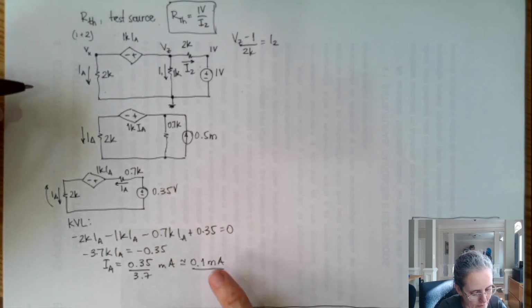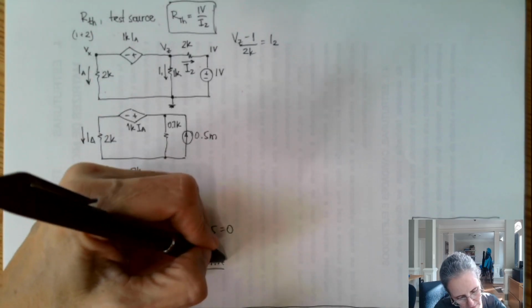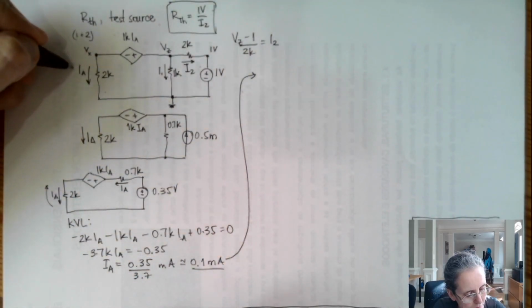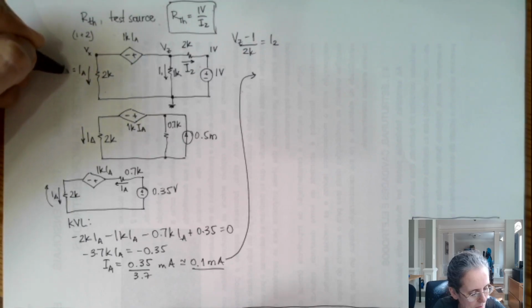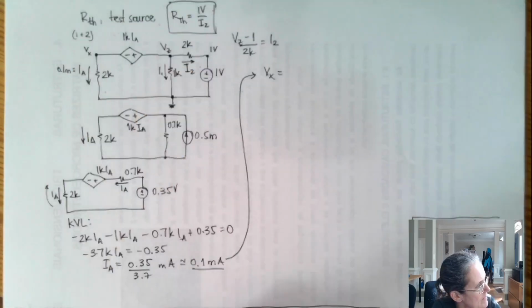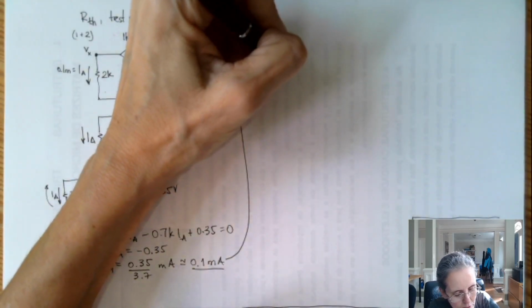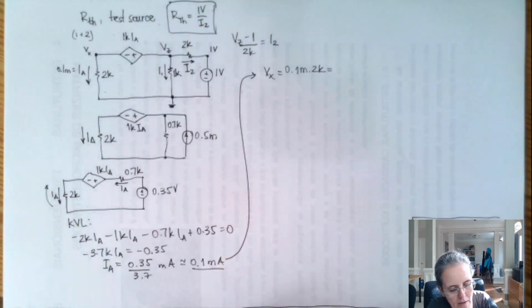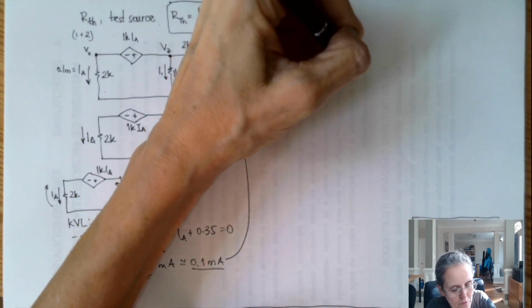And now, once I find this, I'll go back to my original idea. So 0.1 milliamps means that Vx is 0.1 milli times 2K is 0.2 volts.